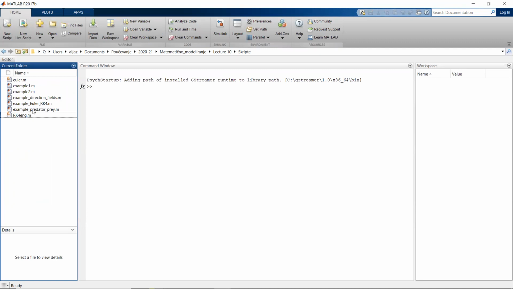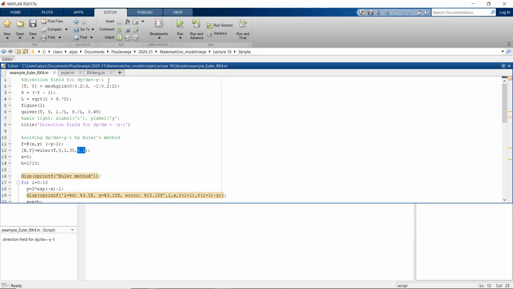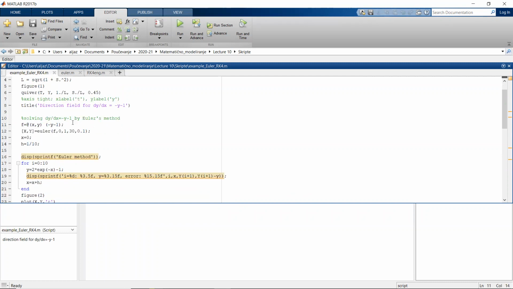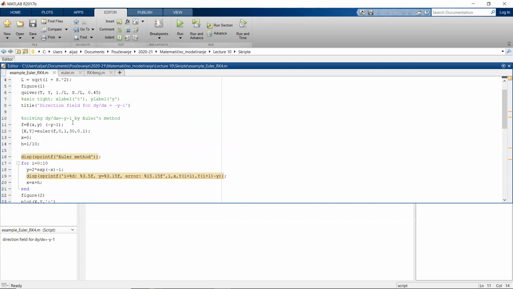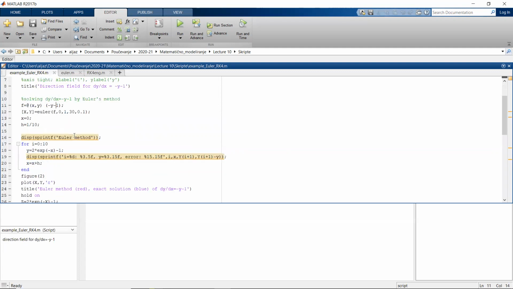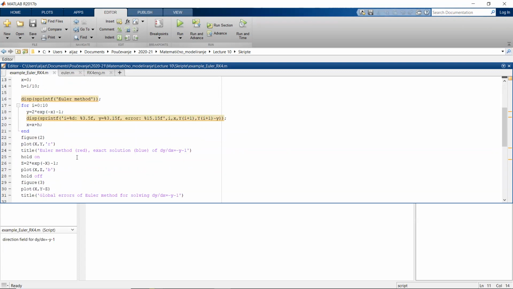Okay, let's return to this example. So we have this equation, y prime is minus y minus 1. What is the actual solution of this differential equation? It's a separable differential equation. You can do it by yourself, but the solution is y equals 2 e to the power of minus x minus 1.